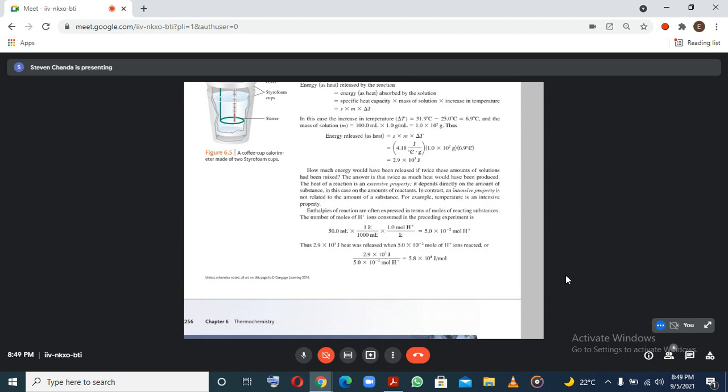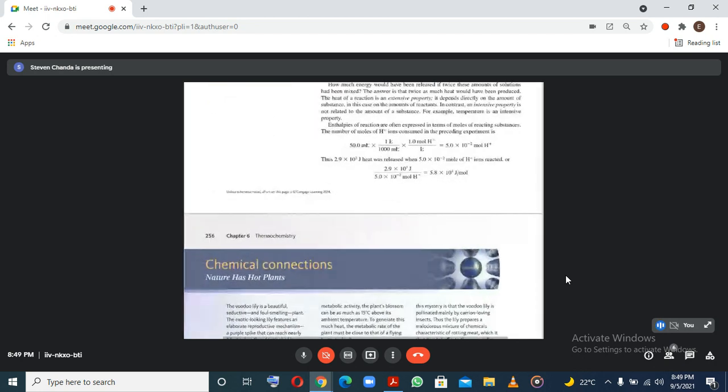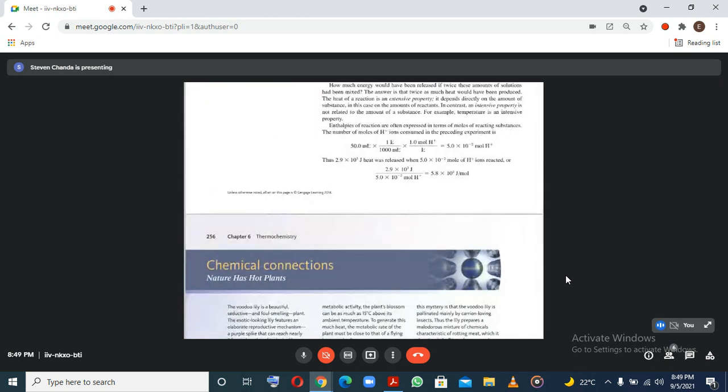So now, that's what's important here, right? Now you see this heat that has been produced, we are not really sure what amount of solutions has been produced. So how much energy would have been released if twice these amounts of solutions had been mixed?